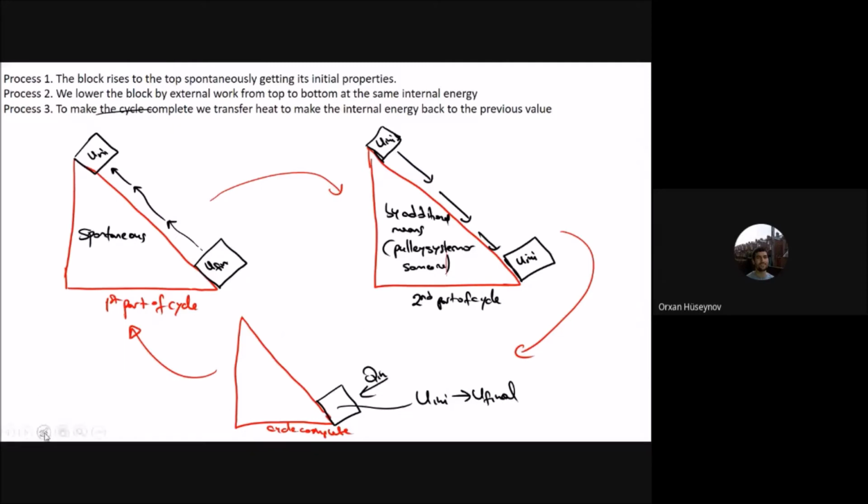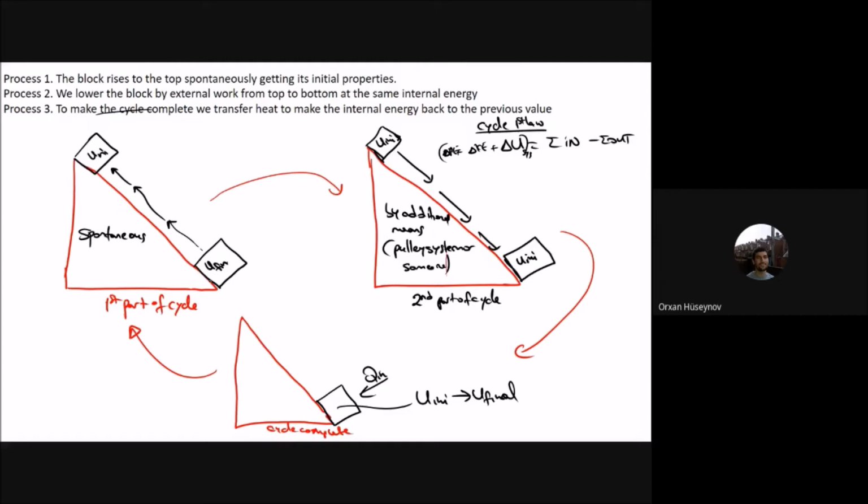Now let's see what the problem is here, and whether it is violated. Because this one is impossible, it cannot happen. We should see this from the second law principle. But first, the first law for this cycle. What is the first law for the cycle? Delta U is total in minus total out. Delta U of the system, the block-plane system, plus delta kinetic energy, plus delta potential energy.